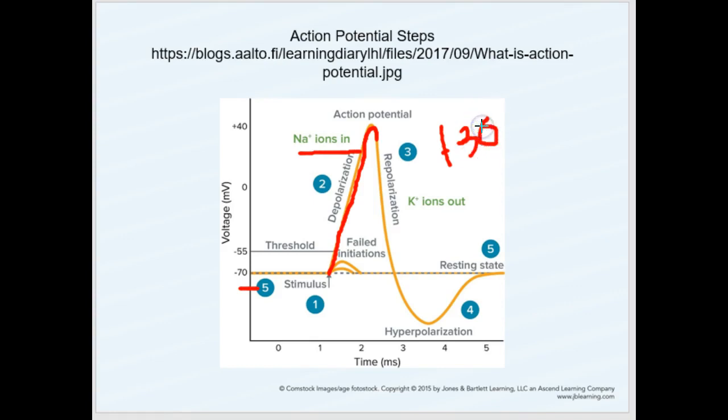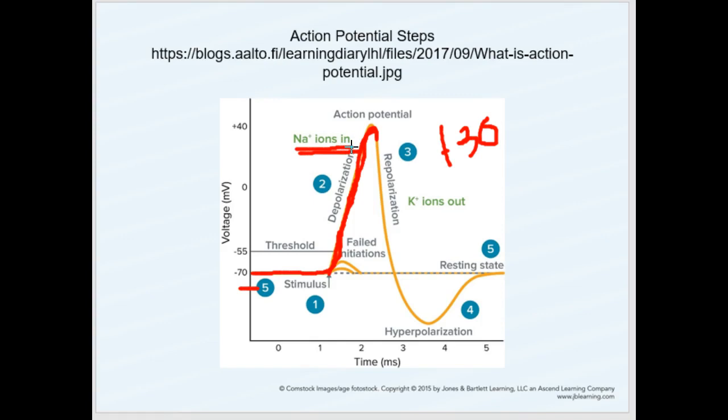Okay, why does it stop there? It's because of the balance of ions. Don't let it blow your mind. Just remember these steps. Okay, so -70 is resting. The cell will depolarize. Sodium ions move in, making the cell more positive. It'll peak at +30. Ion channels that we're letting sodium ions in close. Okay.